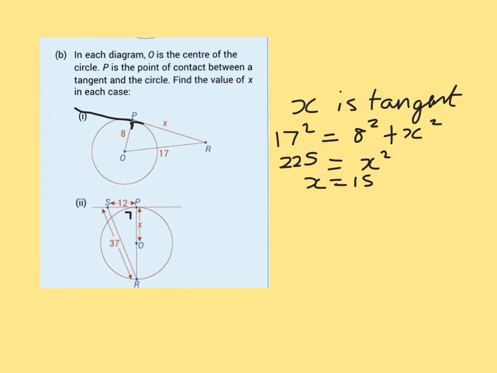So in this case, we can say they're looking for P to X. Now, first of all, let's go ahead and find out PR, because using Pythagoras again, once we know that there's a right angle triangle here, we know that 37 squared equals SP squared, which we know is 12 because they've given us that information, plus PR squared.